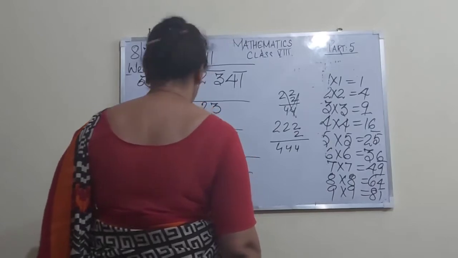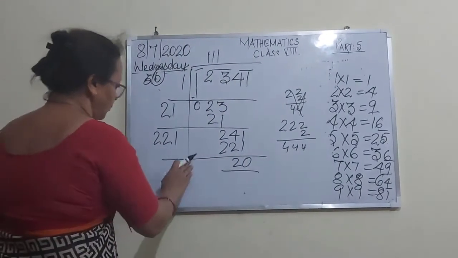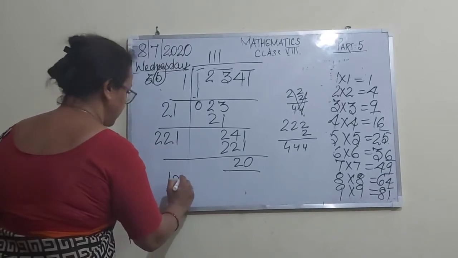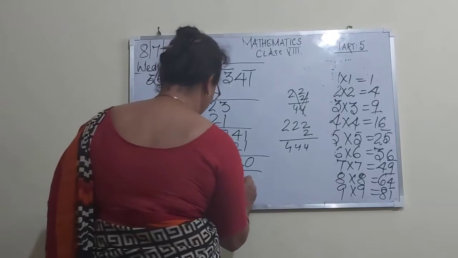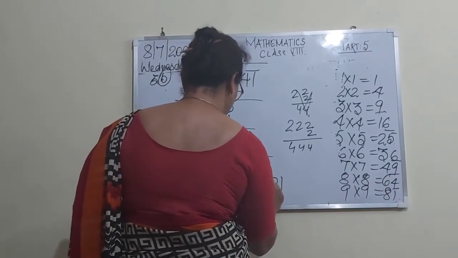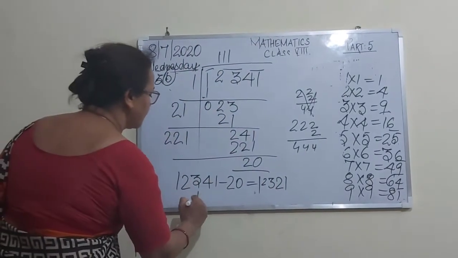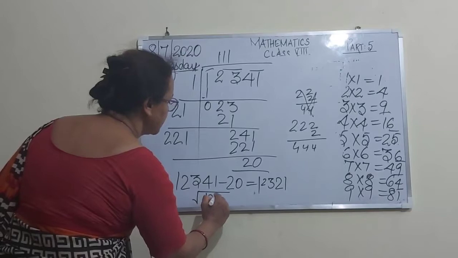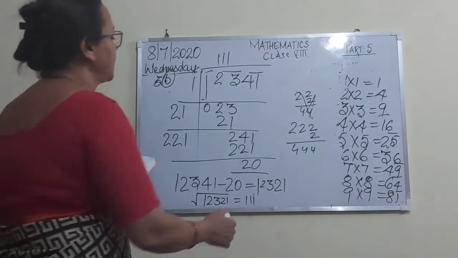So we will subtract 20 from 12,341. 14 minus 2 is 2. Okay, this is 3, 2, 1. If we find the square root of 12,321, it will be equal to 111. Hence the required number is 20.